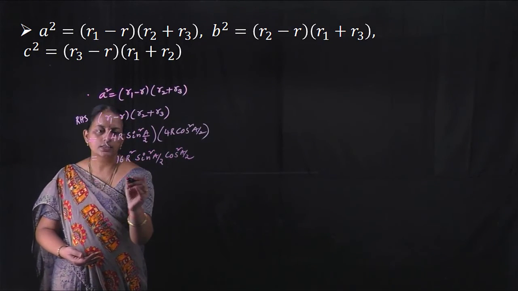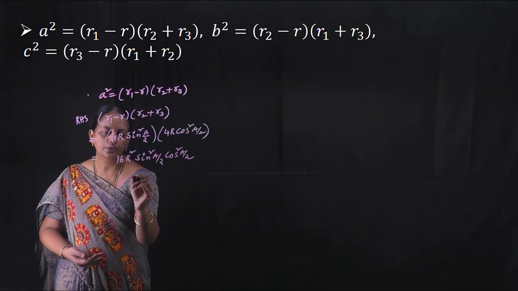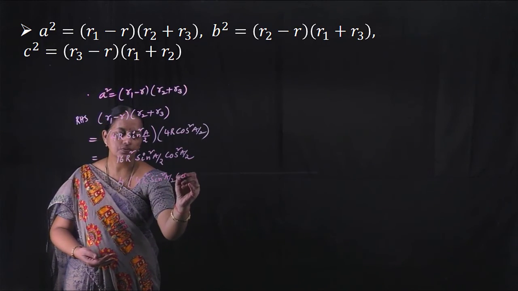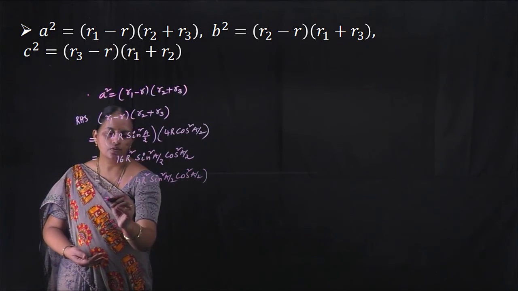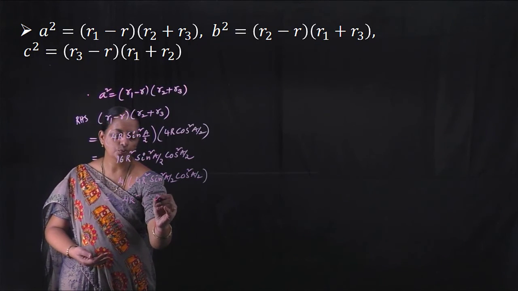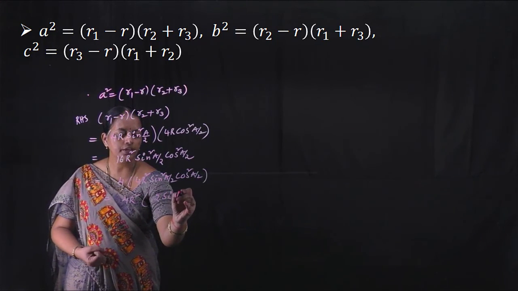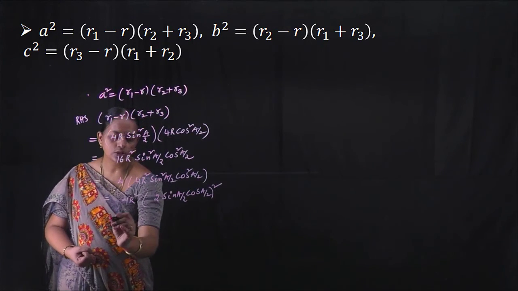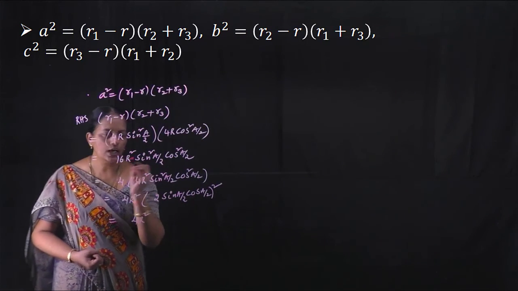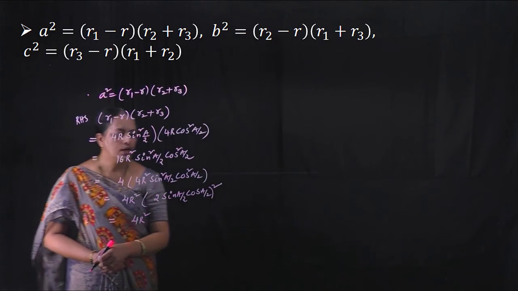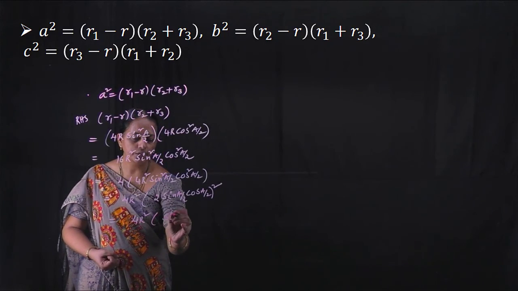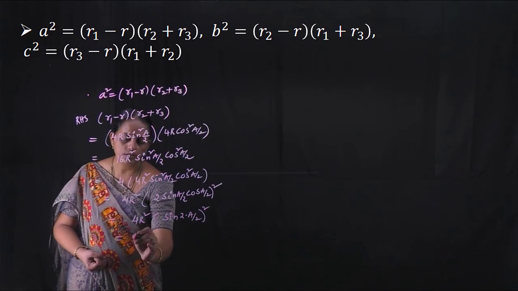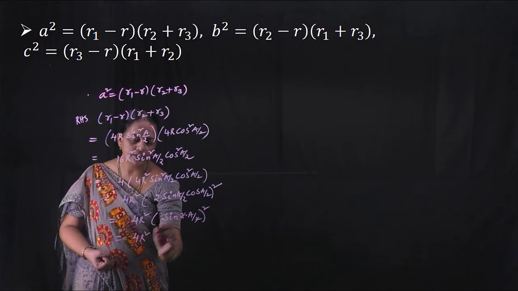It can be written as 4R square into 4 sin square A by 2 cos square A by 2, which can be written as 4R square into 2 sin A by 2 cos A by 2 whole square. Now 2 sin A by 2 cos A by 2 means sin 2 into A by 2, that is sin A, whole square. This is equal to 4R square sin square A.